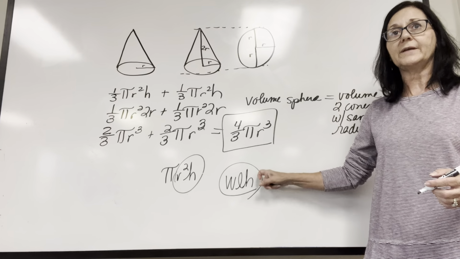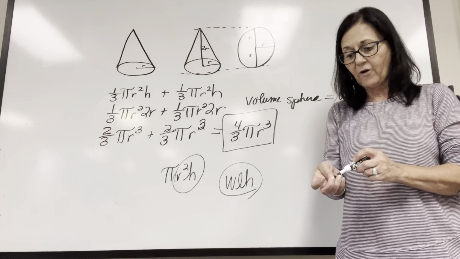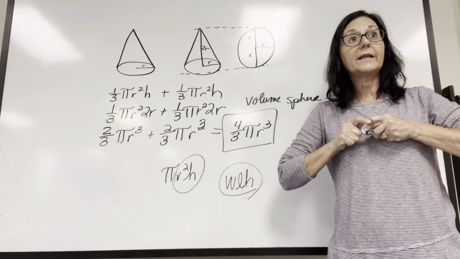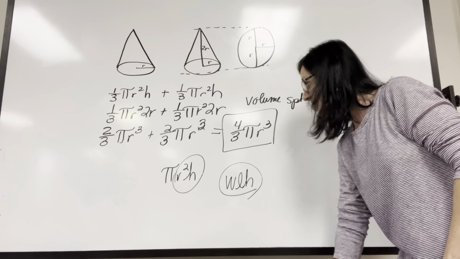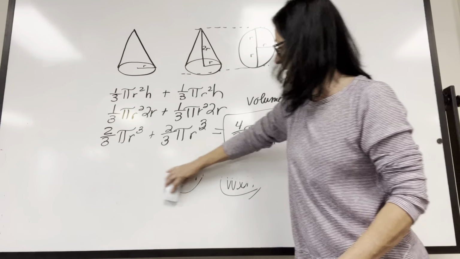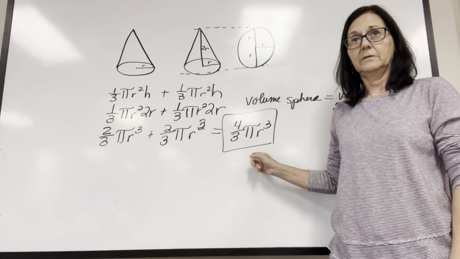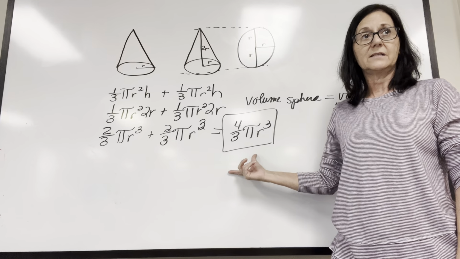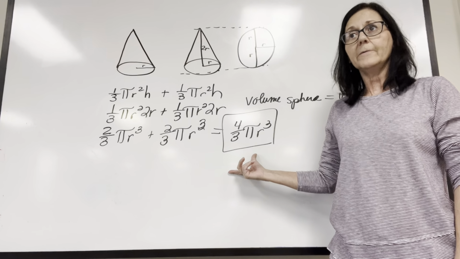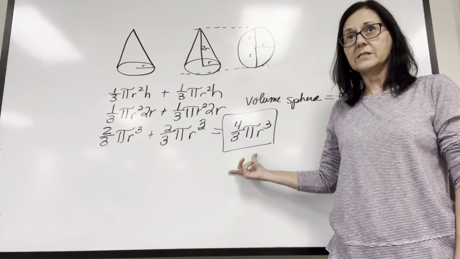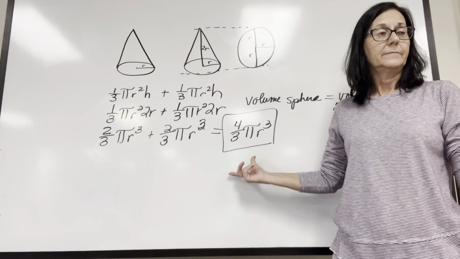It's a 3rd degree term. Always when you have volume, you have an exponent of 3. With spheres, it's obvious. R is cubed. You have 2 3's in volume. It's 4/3 pi r cubed.